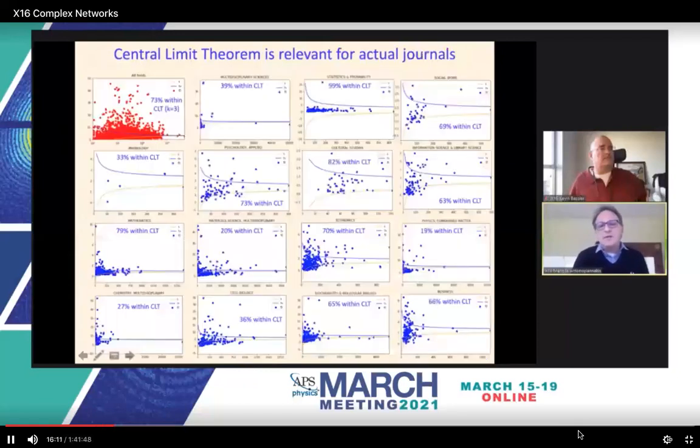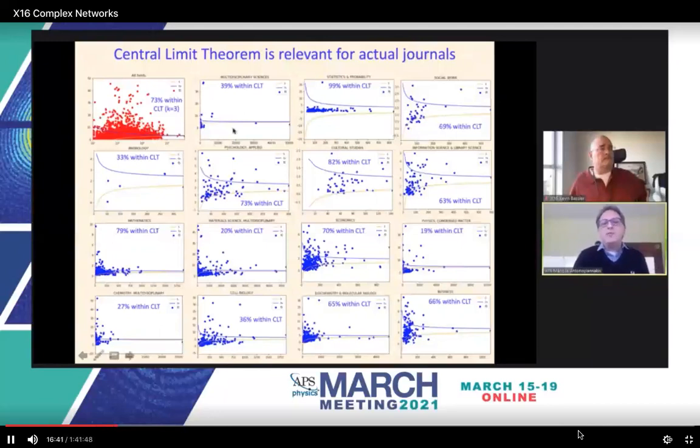And even though the central limit theorem applies to random journals, it can explain, so to speak, a large number of actual journals. For example, here we see that 3/4 of all 11,000 journals published by the Web of Science have impact factors that behave as if their papers were randomly selected, and they fall within the central limit theorem upper and lower limits.